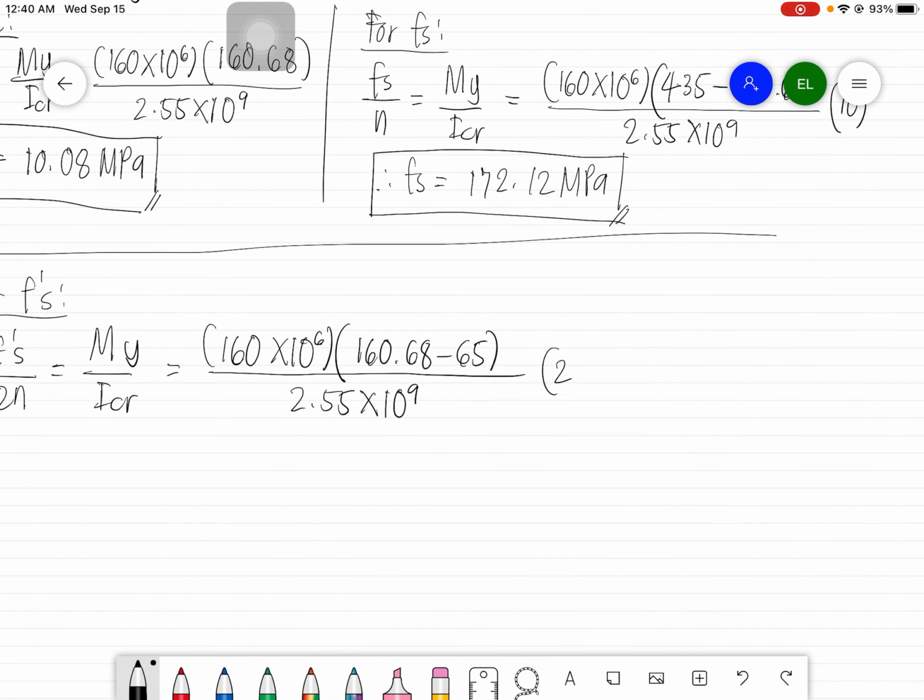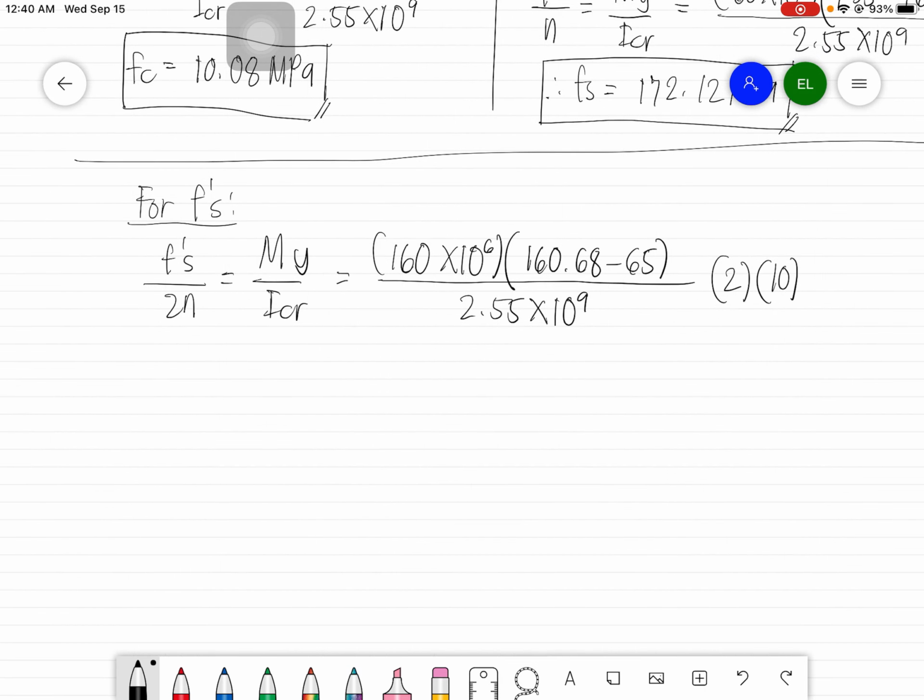Then do not forget to multiply 2n, which is 2 times 10. Therefore Fs prime is equal to 120.07 MPa.